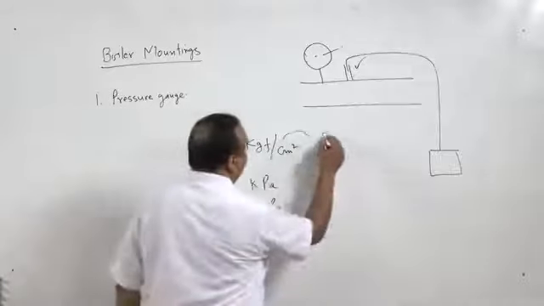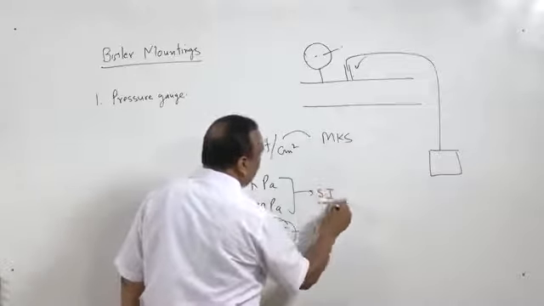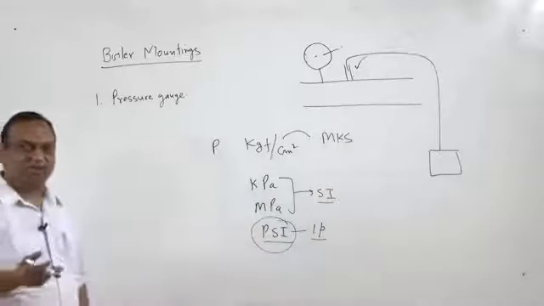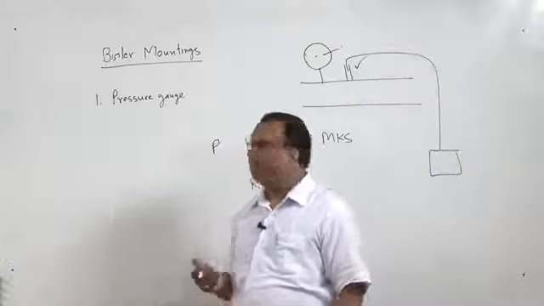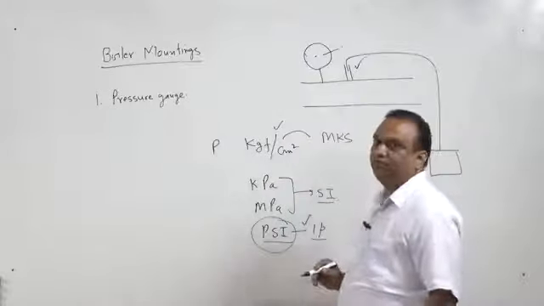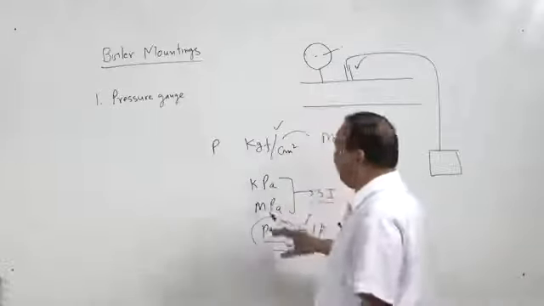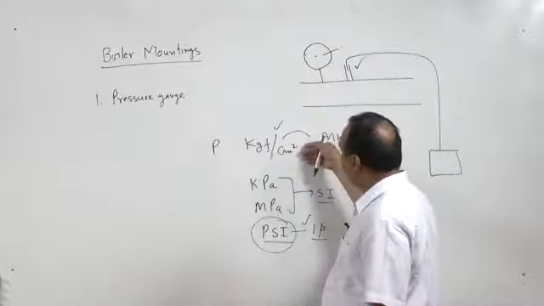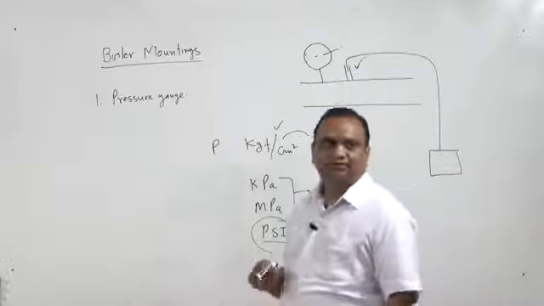This is the MKS system and this is the SI system which we follow. But in industries, because the equipment was purchased maybe 30 or 40 years back, the gauge displays these units, and maybe pounds per square inch also. So you have to be very conversant with the units, and the conversion from the MKS system to the SI system and from the IP system to the SI system.